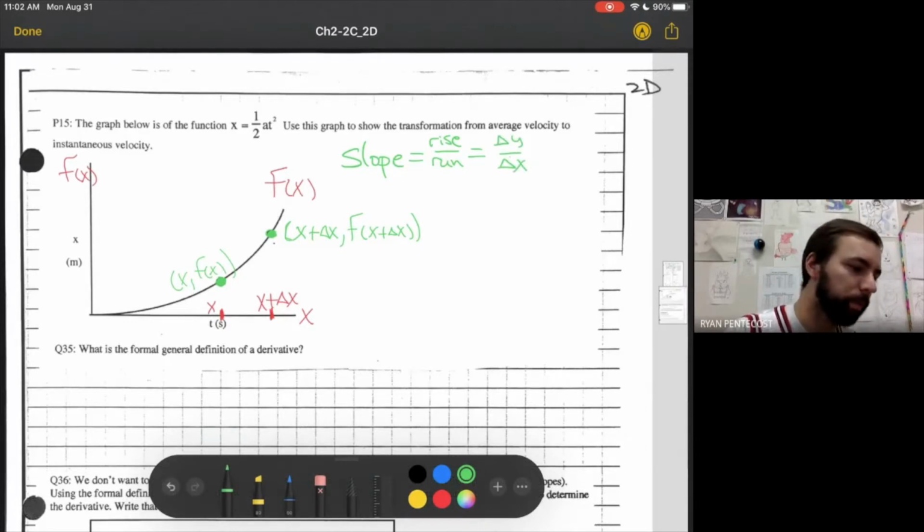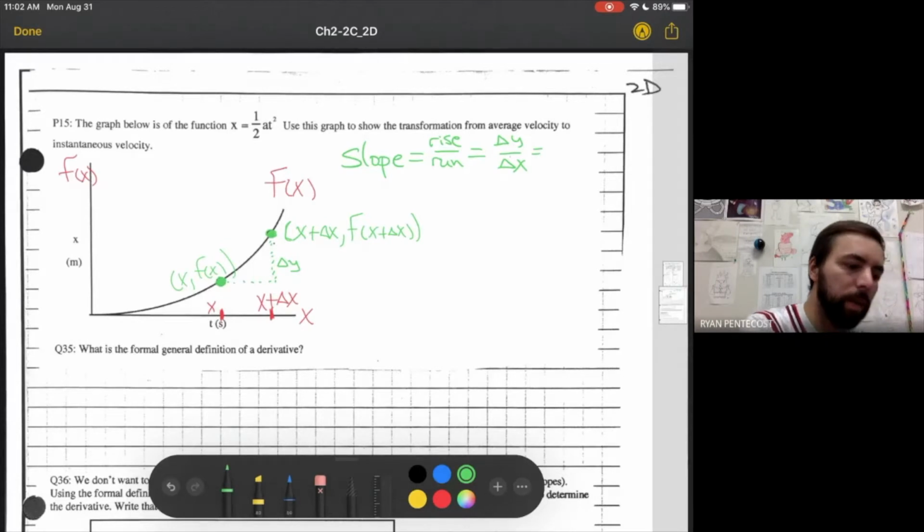Okay, so let's find the change in y between these 2 points, right? So delta y would be the top minus the bottom, the higher point minus the lower point.